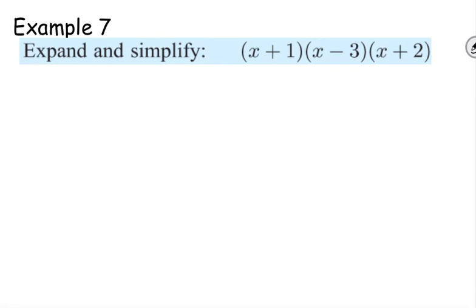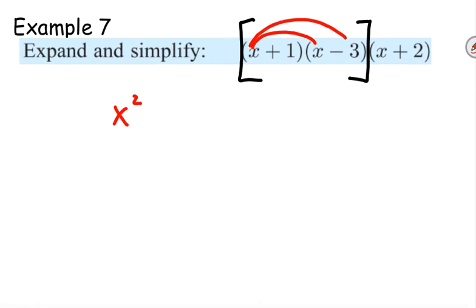So here, if we have 3 linear terms, I can multiply them together. What I'm going to do is break this off, and first I'm just going to multiply those 2 terms together. So first I'm going to do x times x, that's x squared, then x times negative 3 is minus 3x, and then 1 times x is plus x, and then 1 times negative 3 is negative 3.